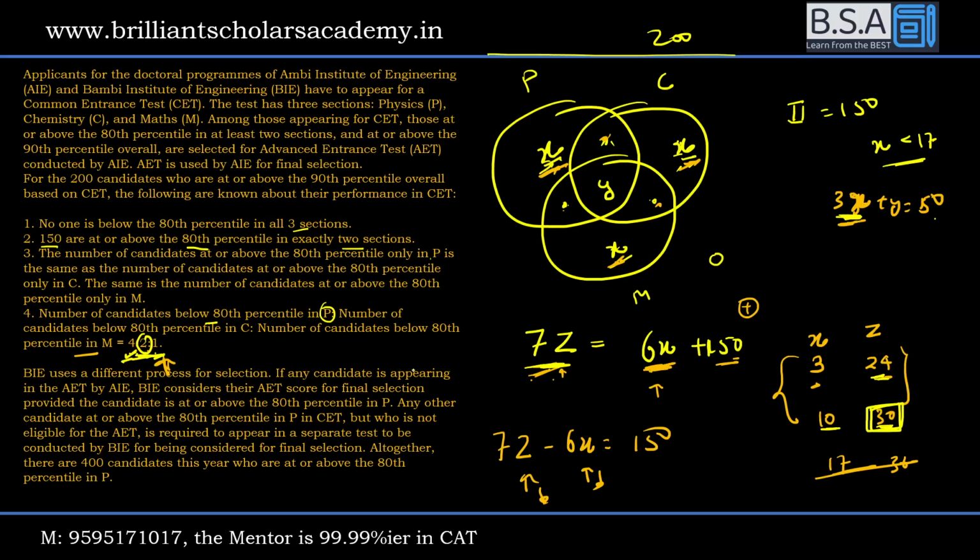If a candidate is appearing for AET by AIE, BIE will consider AET score for final selection process, provided the candidate is scoring 80th above or 80th percentile in P. Any other candidate at or above 80th percentile in P in CET who is not eligible for AET will be required to appear separate test for BIE.